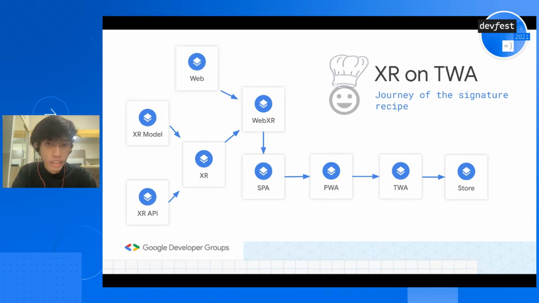Until this point, with TWA, we can distribute our solution to many stores, not just one store. Since it's cross-platform, our XR application can reach a lot of users in many stores, which is awesome. So let's talk about it step by step. I think this is just an overview of how we will do this.